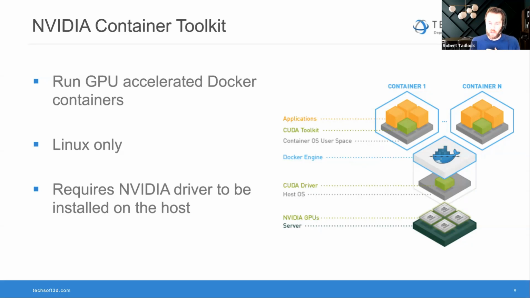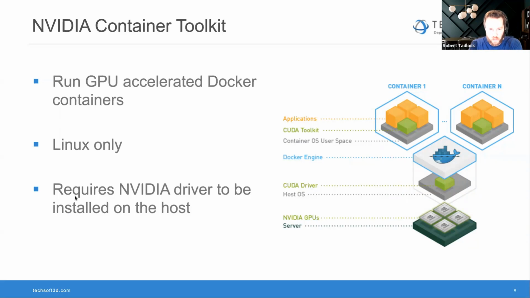And so what happened was we saw this technology, we had some requests for it, and we started to do some research on it. Then we went ahead and looked at the NVIDIA Container Toolkit, which does provide you access to the GPUs, all of them, via your Docker containers. It is Linux only.